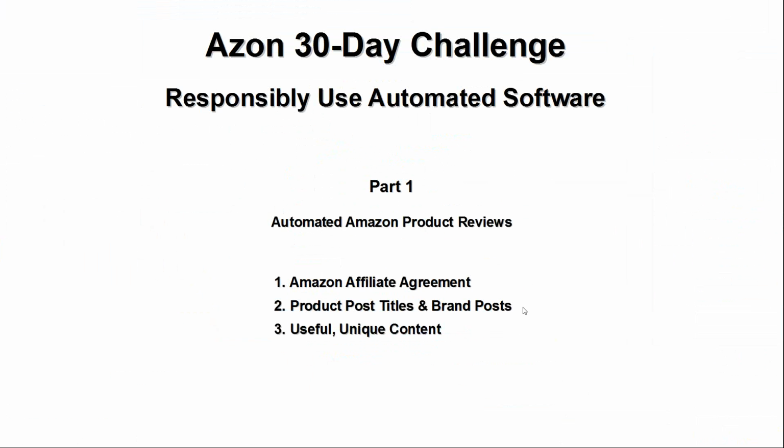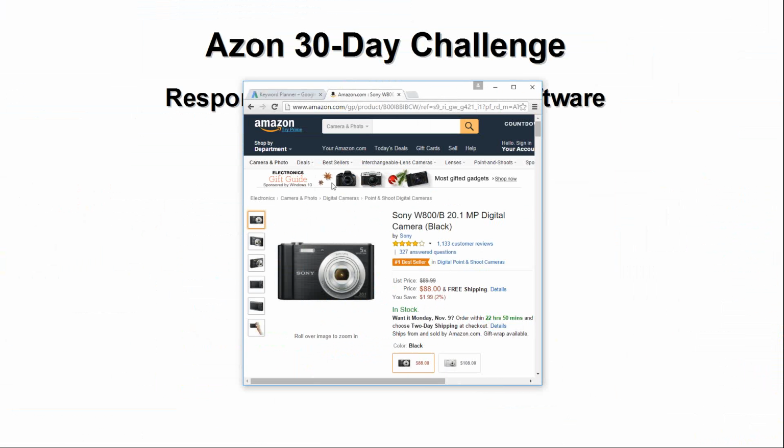Another option is to try to combine multiple product posts into what I like to call a brand post page. A brand post is something where you are featuring the brand name, but still associating it with one individual niche. A good example here, using the same example I've been showing you on Amazon, this Sony camera.